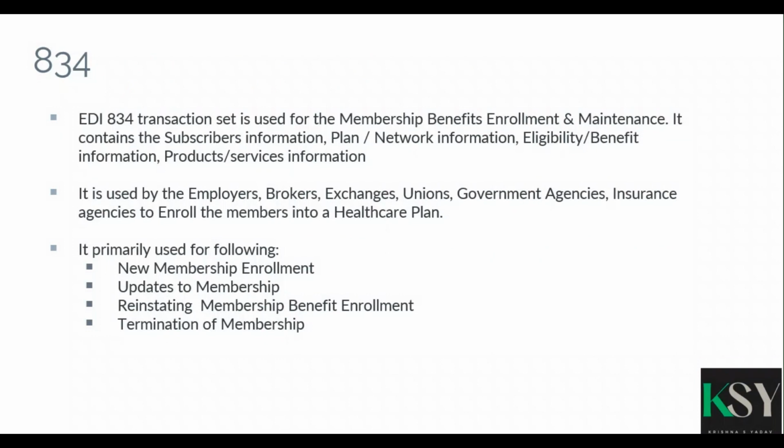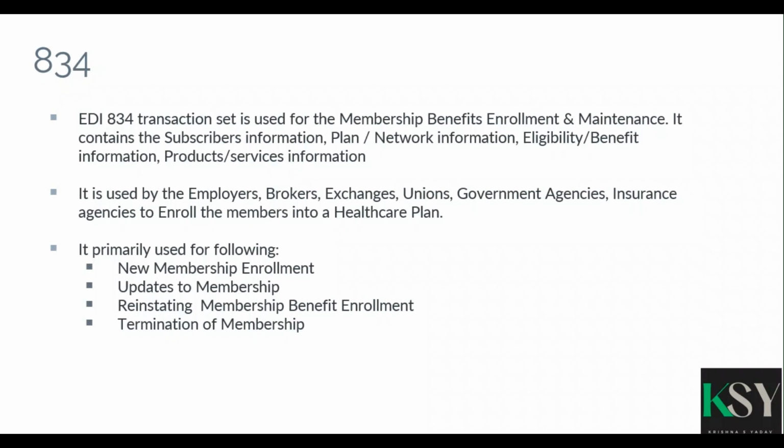834. So what's an 834? EDI 834 transaction is used for the membership and the benefits, enrollment and maintenance. So it has information about the subscribers, about the plans, about the benefits and the products or the services that the members would buy from an insurance company. This transaction is used by the employers, by the brokers, by the exchanges, by the government agencies in order to enroll the members into a healthcare plan.